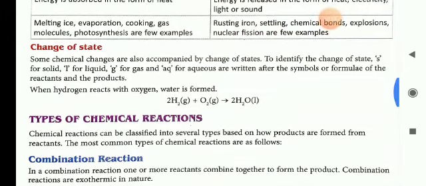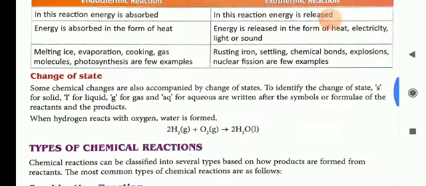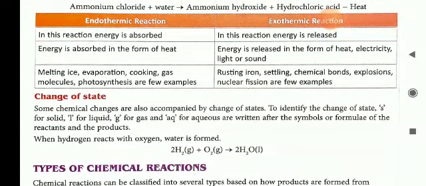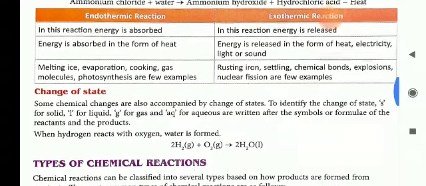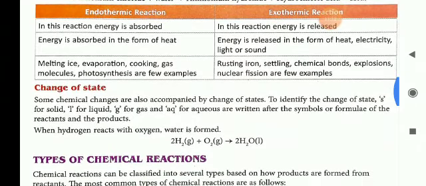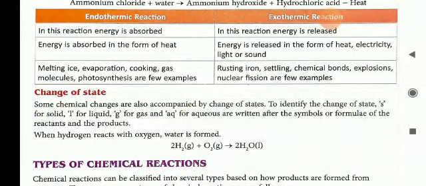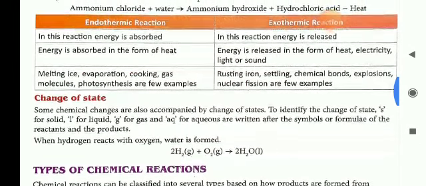If it is solid, then S is used. If it is gas, G is used, and so on. And after reaction, we can see that the state gets changed. You can see here one reaction, formation of water. Water is formed by hydrogen and oxygen.